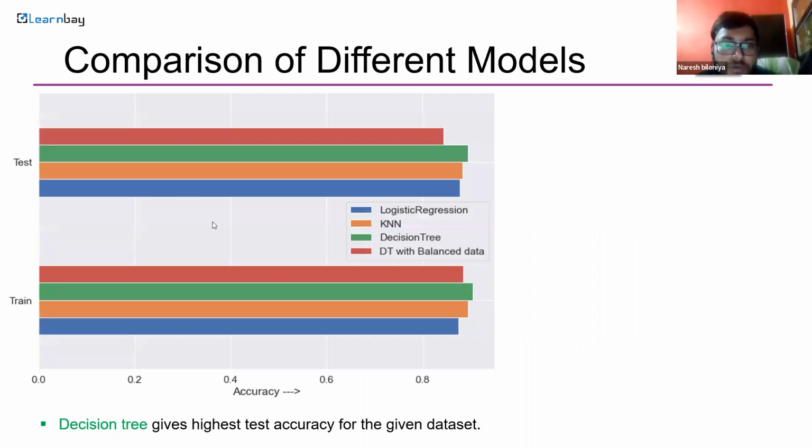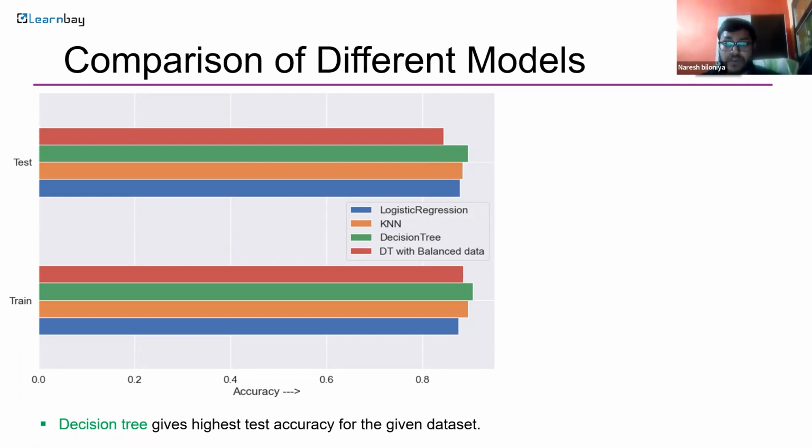Now we can compare these four models on the basis of validation scores. If we talk about the accuracy of each model, we drew some graphs: these are for training data, these are for testing data. We can see we are getting a good test accuracy with the decision tree.